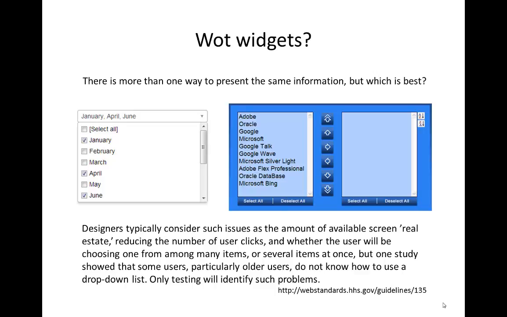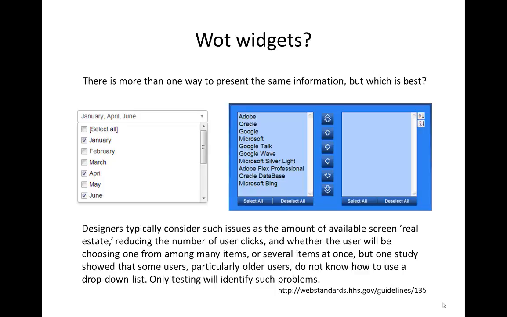So here we want to choose multiple choice. One thing we could do is provide them all in a list and allow the user to choose more than one item with check boxes, and then we press OK. Here's an alternate version for the same thing. Rather than having a checkbox embedded within a list, you're familiar with these, you can select items and move them over into this select box over here.